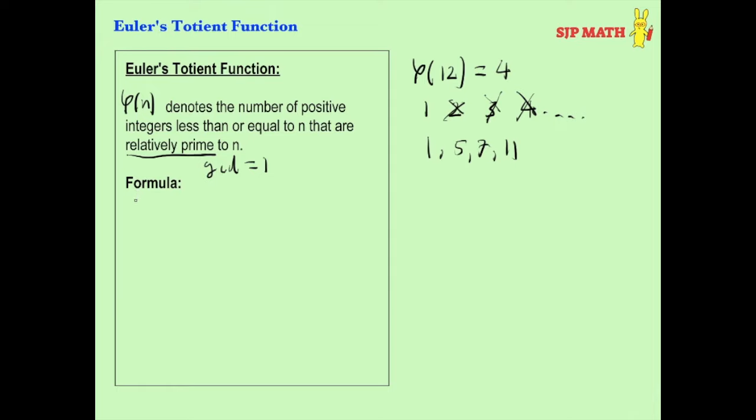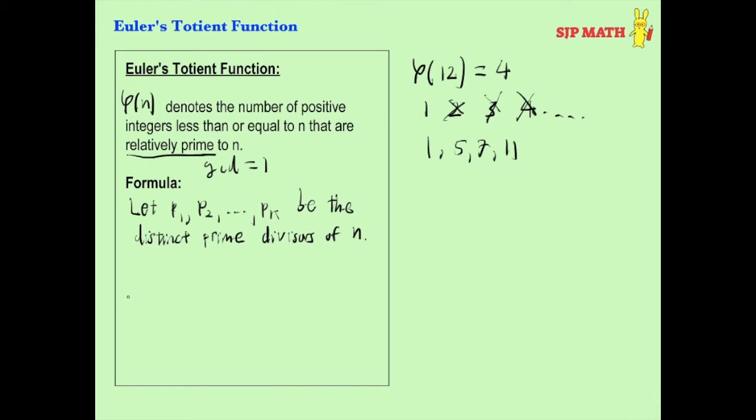So the formula is, let P1, P2 up to Pk be the distinct prime divisors of n.